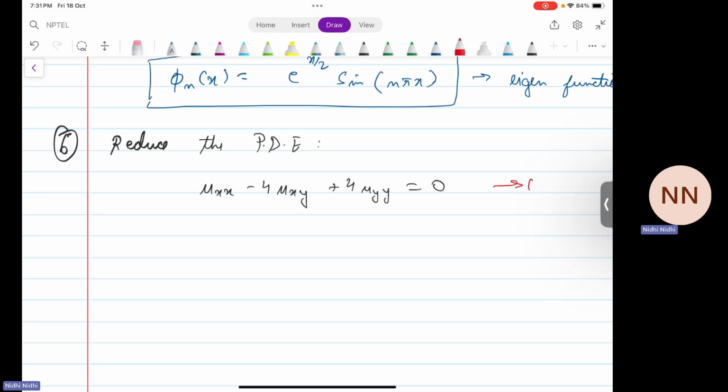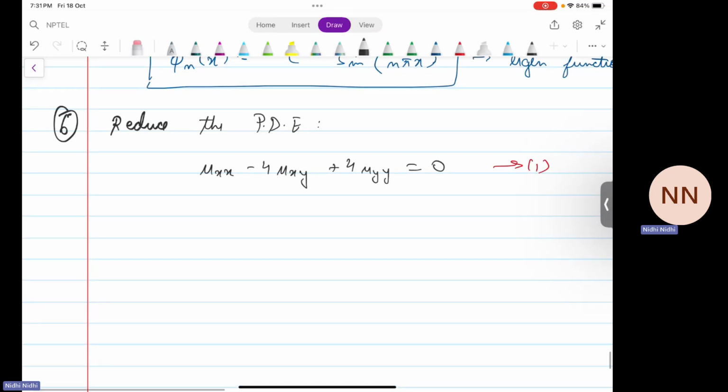Let's number this as 1, into a normal form and find the general solution. So in case of ordinary differential equations, a general solution had arbitrary constants, and in the case of partial differential equations, a general solution will have arbitrary functions. Find the general solution.